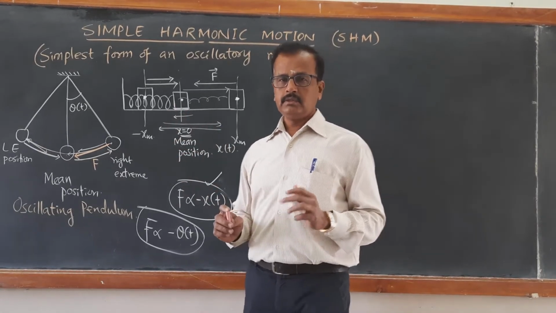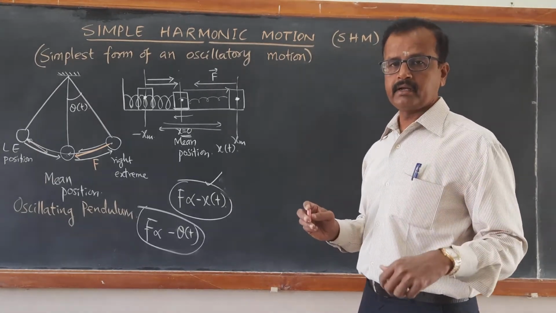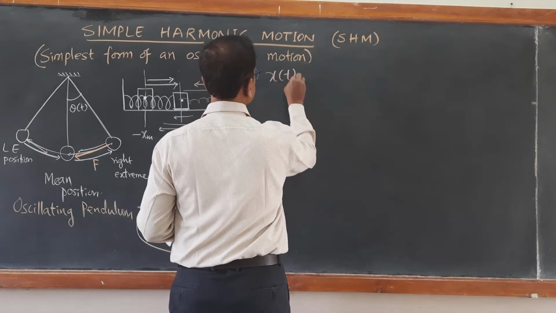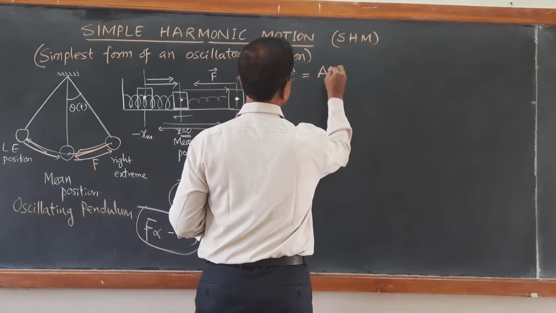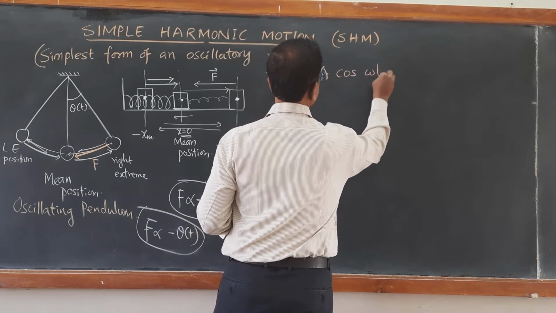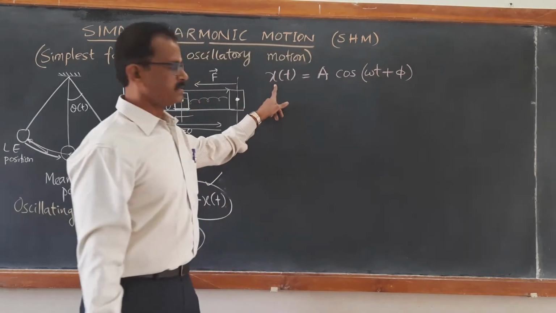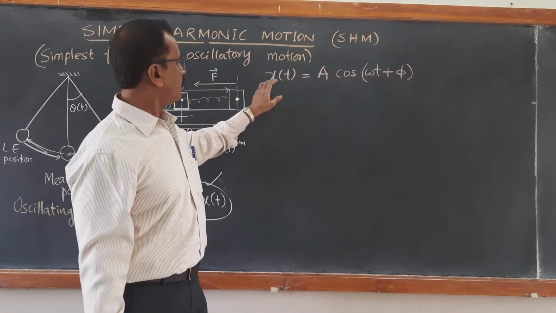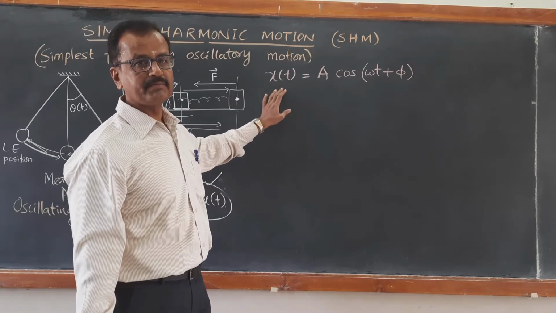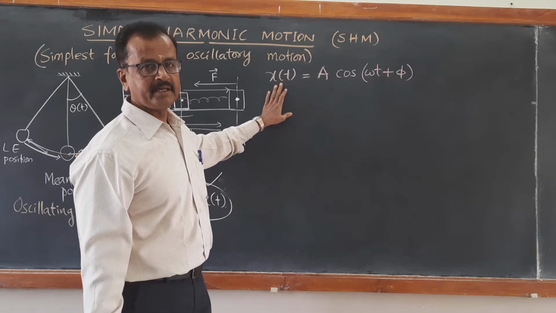So we'll write the equation for simple harmonic motion, as I have written already in the previous video. The equation for displacement of a simple harmonic motion is given by x equal to A cos(omega t plus phi). I have told you this represents displacement of the oscillating body, displacement of SHM, which is a function of time t.